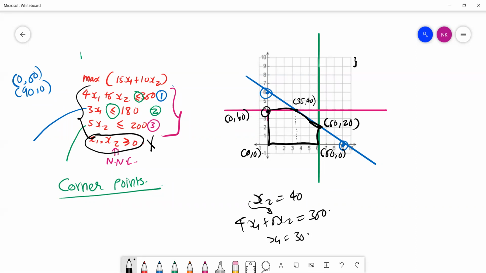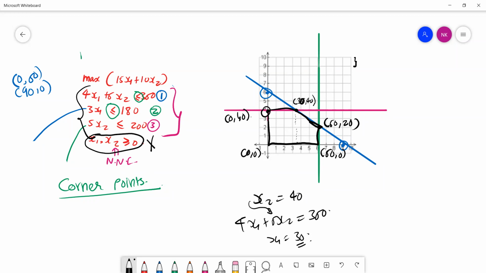Because of the shifting of this particular blue line, a minute top shifting. Instead of passing through these points, I have shifted up just a little bit, and that little bit of shifting has resulted in a difference of 5 units of x1. So that is the reason I won't be directly checking for this particular thing. Rather, I would be taking 30 comma 40. That is my point of intersection of these two lines.